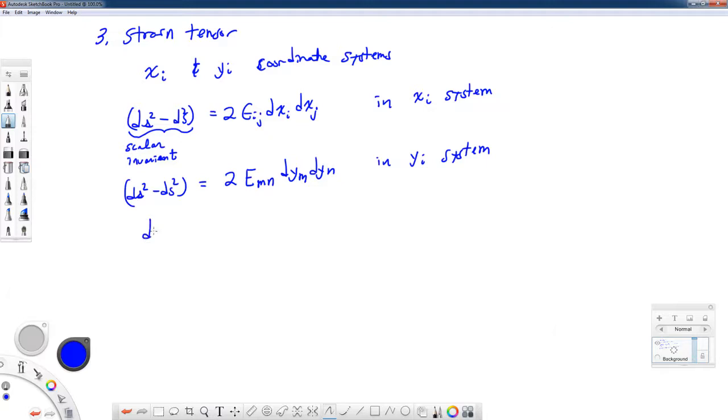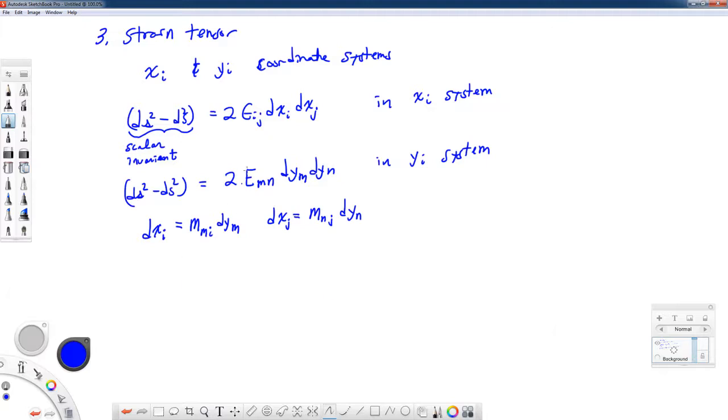Now dxi is itself a little vector, and we know how to transform that into other components. We can say dxi is the transformation matrix M sub im dy sub m, where I'm using m as a dummy index. And then by the same reasoning I can say dx sub j is equal to transformation matrix M sub nj dy sub n.